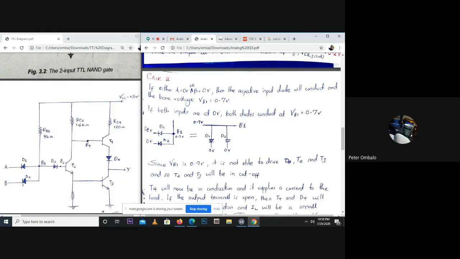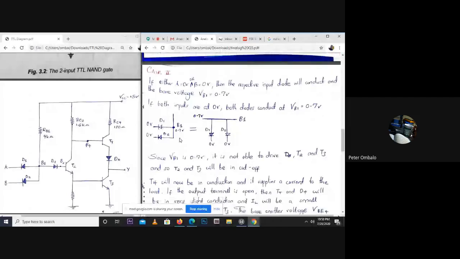So even when both A and B are set to 0, VB1 will just remain at 0.7 volts and not 1.4 or something. Initially I thought it should be 1.4, but I saw it later. So either A or B, or A and B, if both of them are at 0, VB1 is at 0.7 volts.